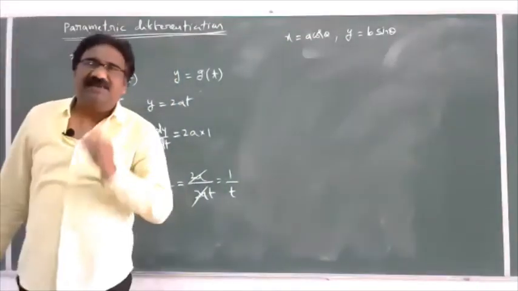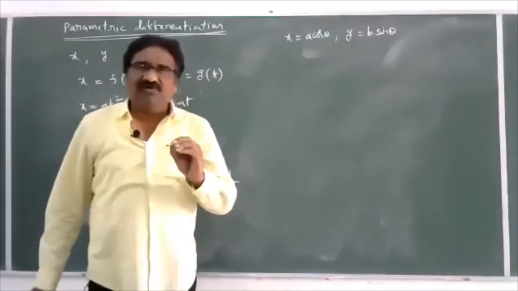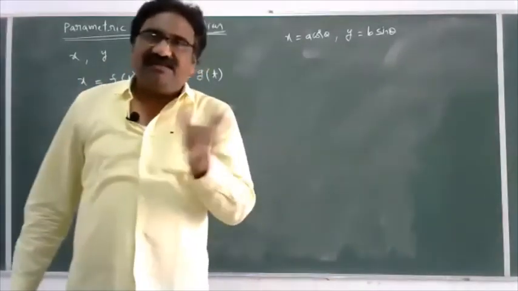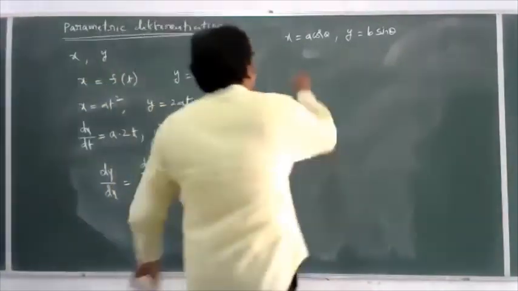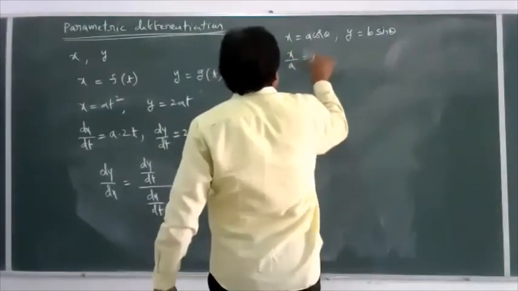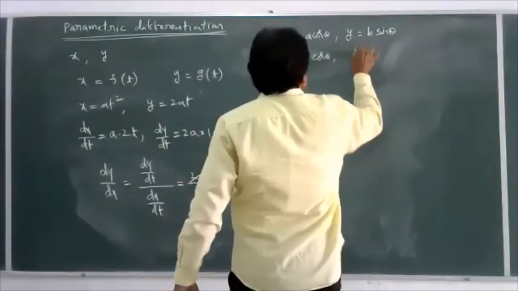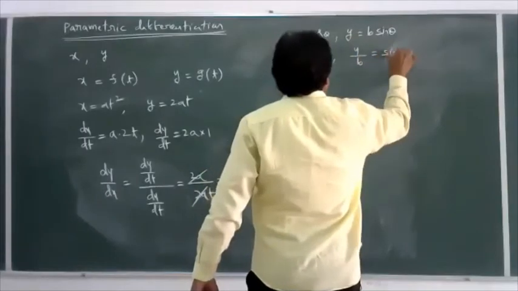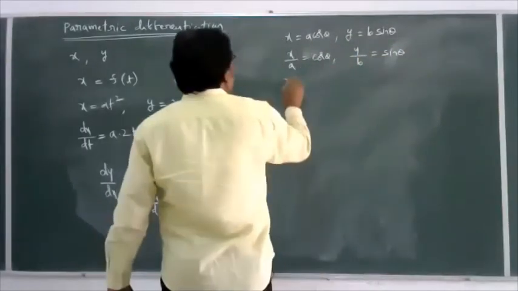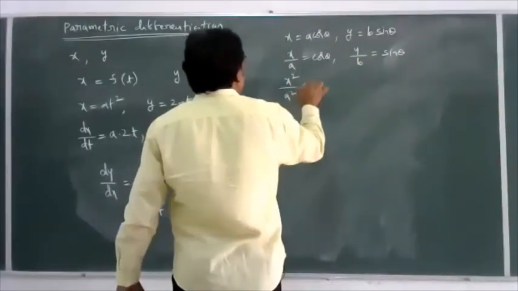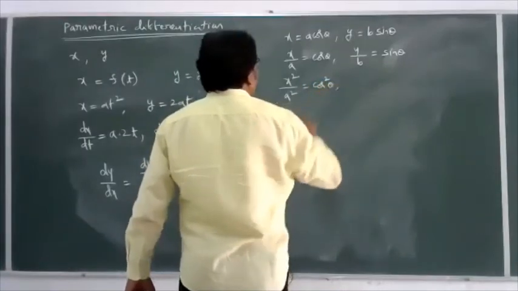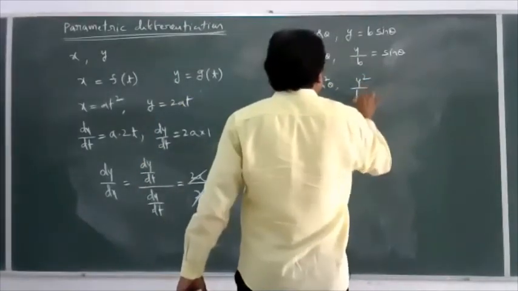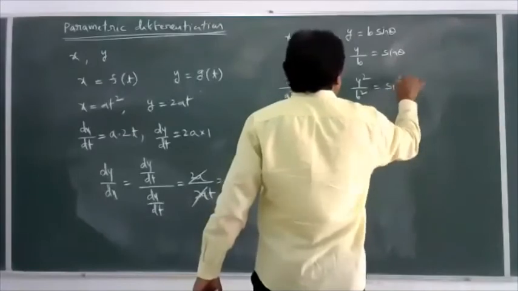Here, theta is the parameter. First, we will try to eliminate theta here. So, here, x by a is equal to cos theta. Here, y by b is equal to sin theta. Squaring on both sides, x square by a square is equal to cos square theta. Here, y square by b square is equal to sin square theta.